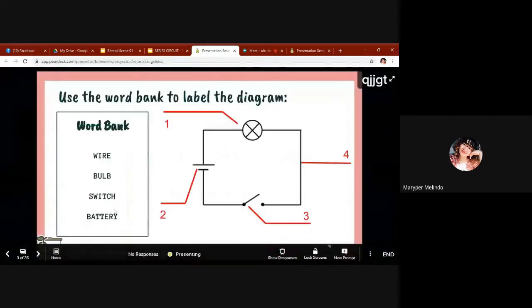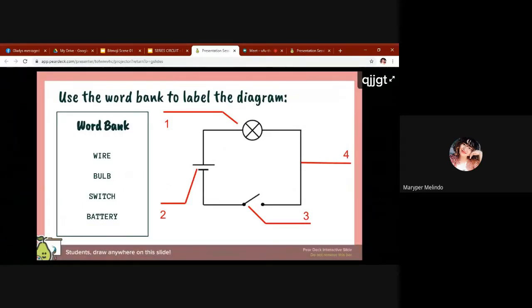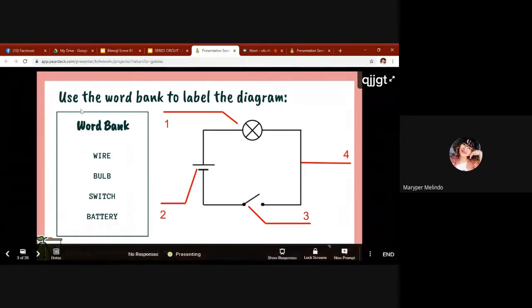Okay. So last time we actually discussed the topic about simple circuit. So actually, we discussed the parts, the functions, diba? And so for today, what I want you to do is to use the word bank here.